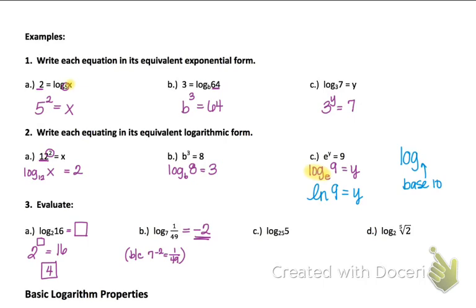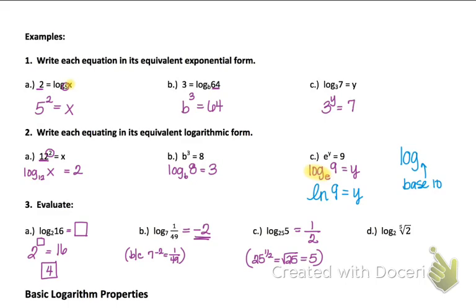So since the square root of 25 is 5, this has to be equal to 1/2. And again, that's because 25 to the 1/2 power is equal to the square root of 25, which is 5, which is what we were trying to accomplish there. So that is why the answer is 1/2.